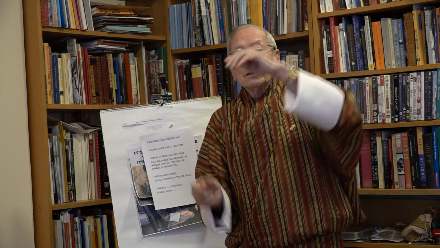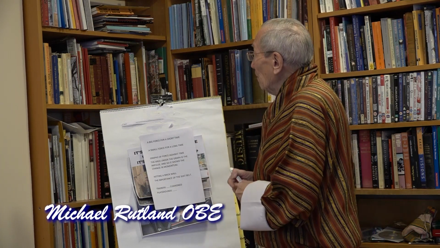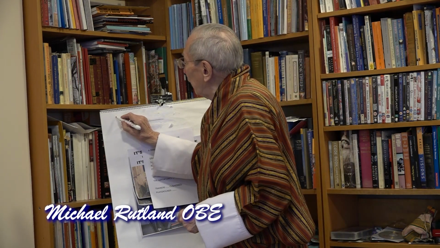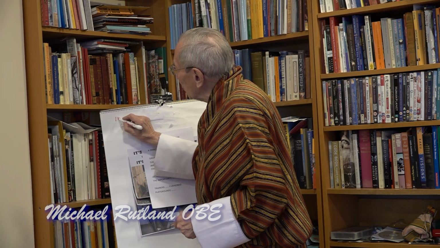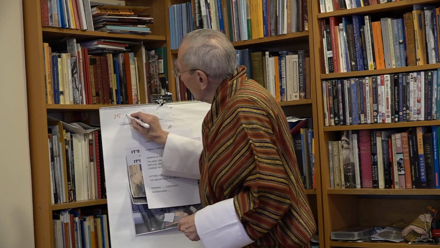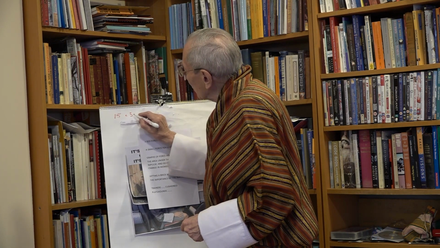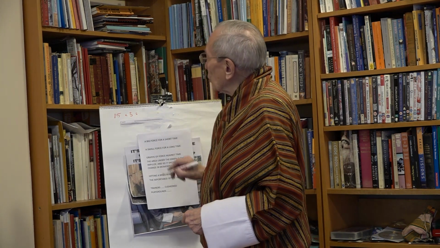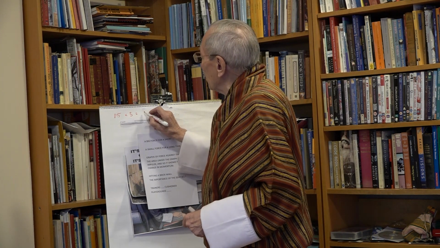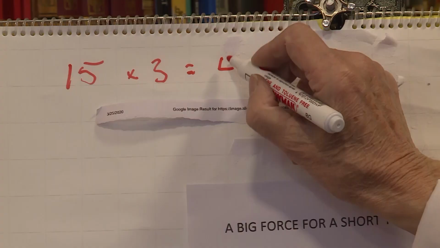Big force, short time, or little force, long time. The two multiplied together, force times time. So, for example, a force of 15 newtons for 3 seconds will produce a change in momentum of 3 times 15 is 45.